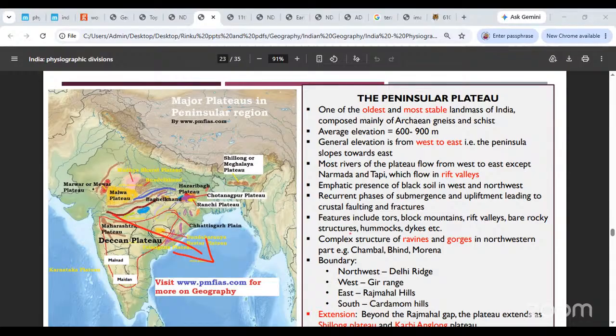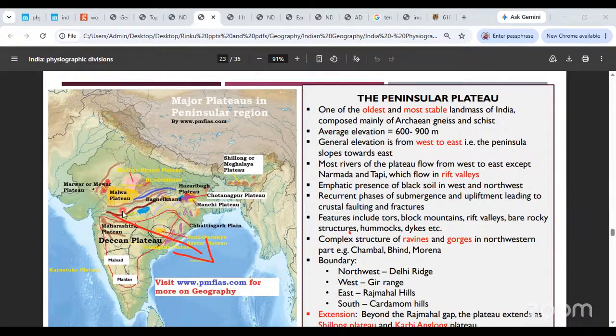You will find an emphatic presence of black soil over here, in the western and northwestern part of the plateau. There are recurrent phases of submergence and upliftment because there has been so much crustal fracturing and faulting.